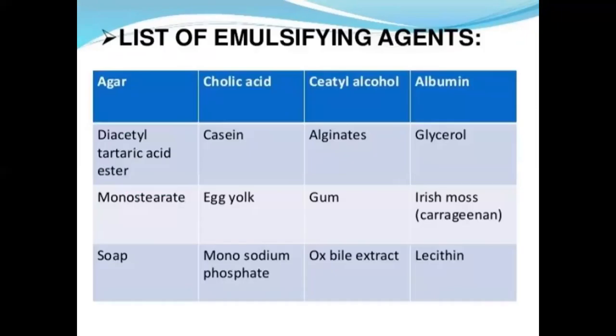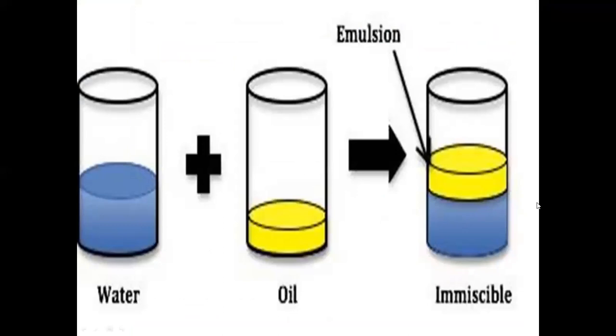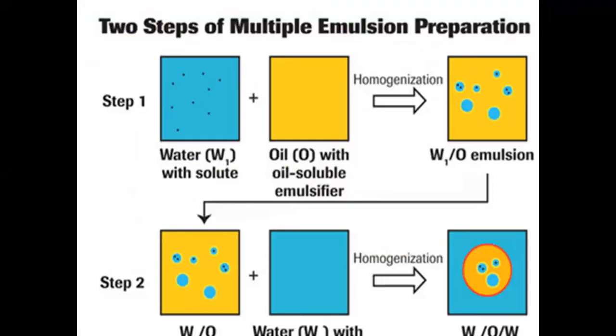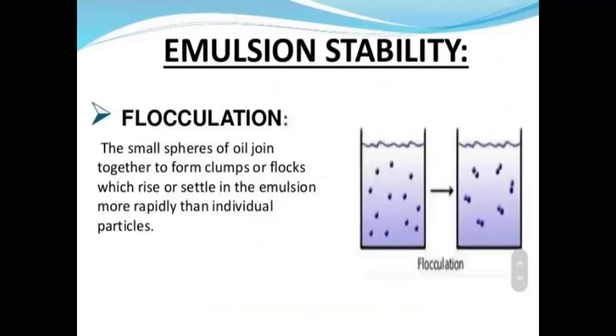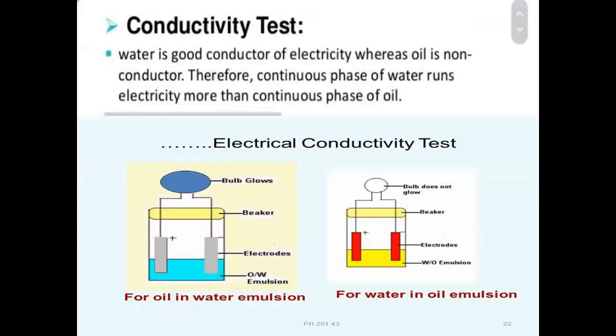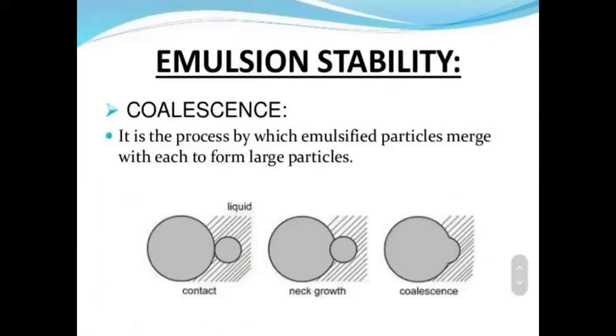Phase inversion माहिती आहे? Separate out the two phases. This is phase inversion. If the storage conditions are not maintained, then it leads to the emulsion being unstable. Because the storage condition is not properly managed, it leads to instability of the emulsion.